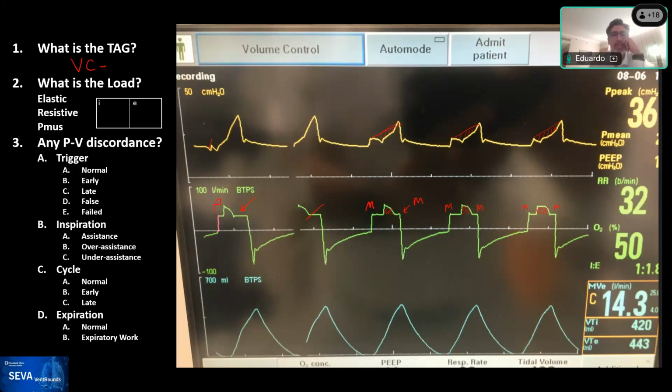This one was triggered by the patient, but cycled by the machine, right? And this one, I'm not going to take a look at because it's incomplete, but this one is machine, machine, machine, machine, machine, machine. So all of these are mandatory breaths. So if you were looking at just this piece of information, you are absolutely right. This would look like CMV, correct?